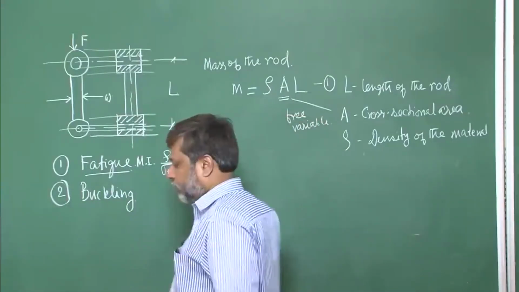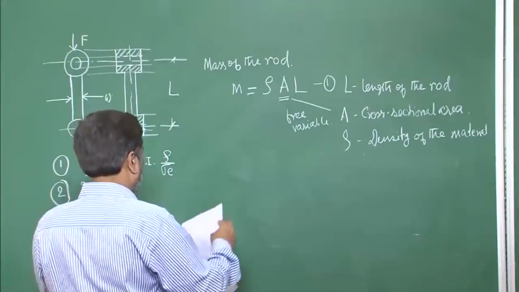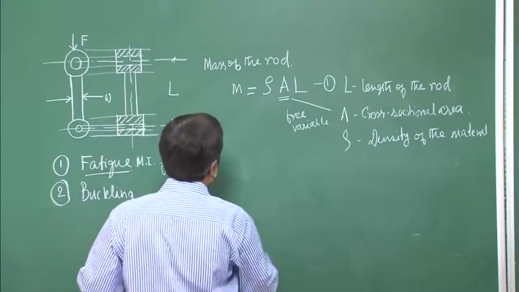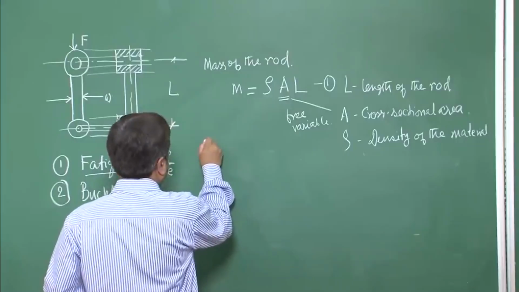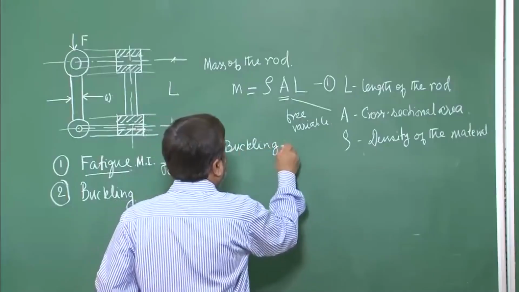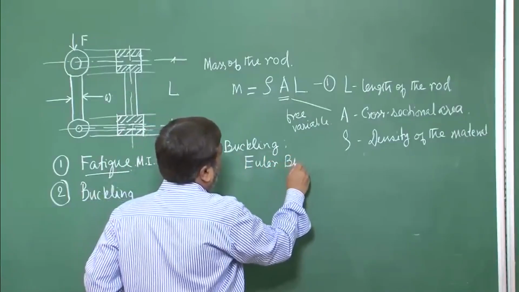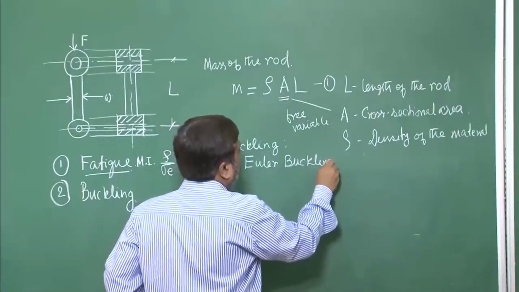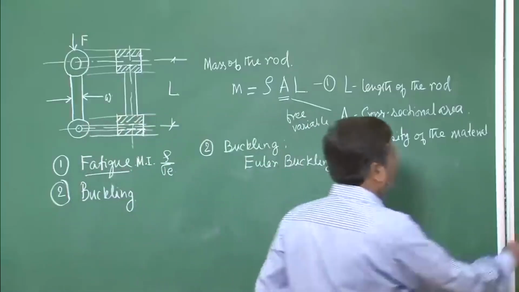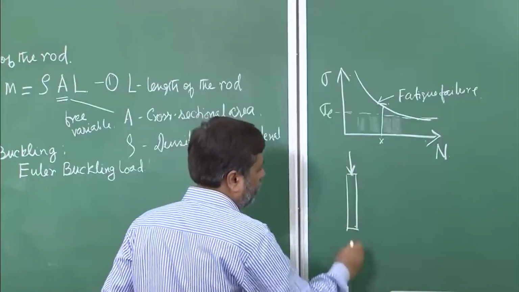From the buckling point of view, let us consider this to be a slender rod with a critical Euler buckling load. There is something called the Euler buckling load, which is the first critical load when a compressive member is subjected to a compressive force.